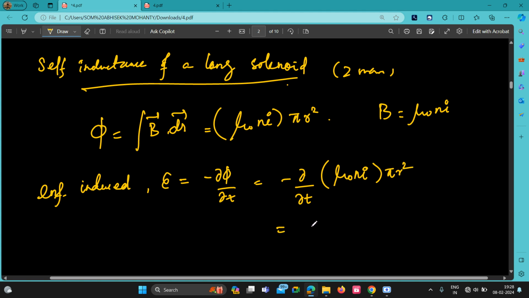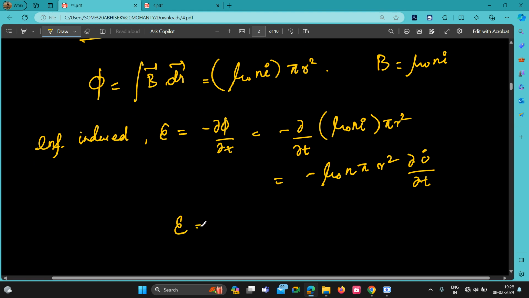So this is mu naught n pi r square times d by dt of i. Okay, so this term is actually your what? We know EMF is minus L di by dt.